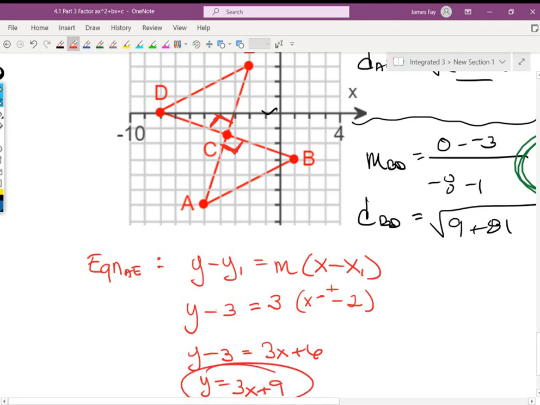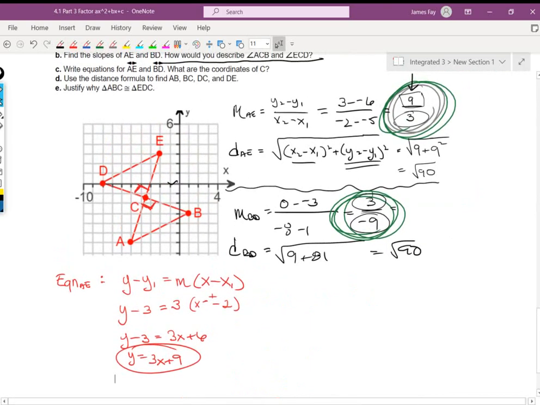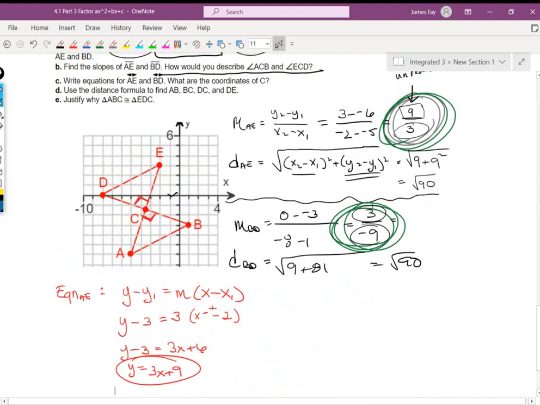All right? Now we want to do the same thing for BD. So BD, I'm going to go y minus y1 equals m times x minus x1. So again, I think D makes sense here to use as x1, y1 because it's got a 0 in it.